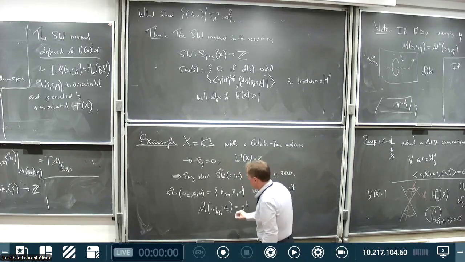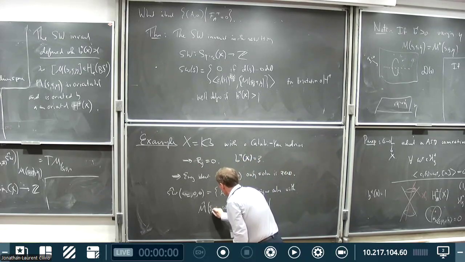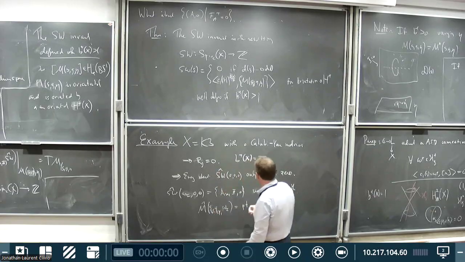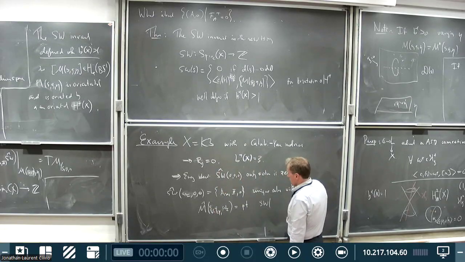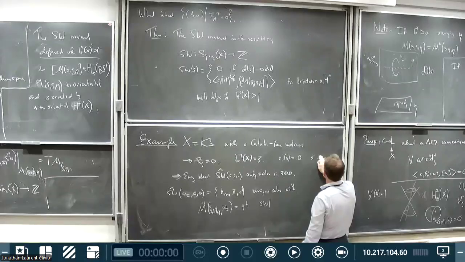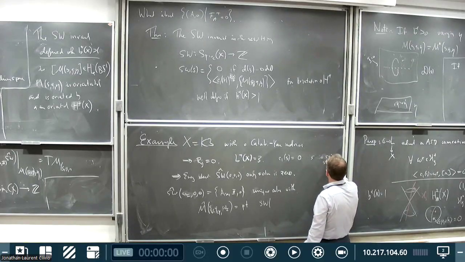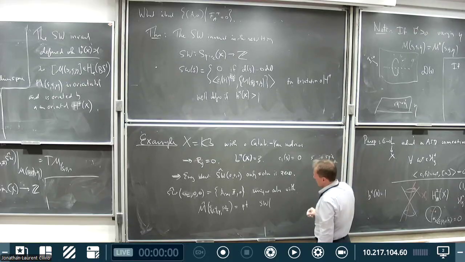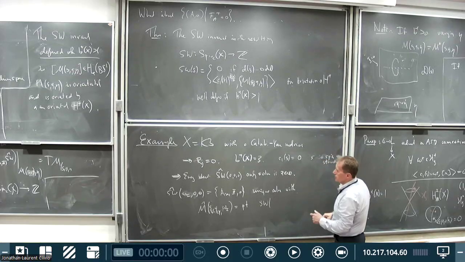K3 is spin, and all this is for the spin structure. I should say, we want d of S to be 0. So S is a spin structure, so that means c1 squared is 0.